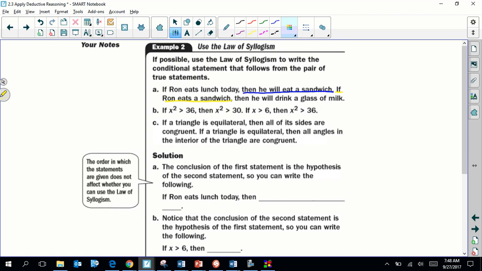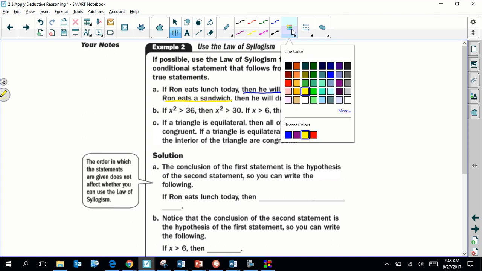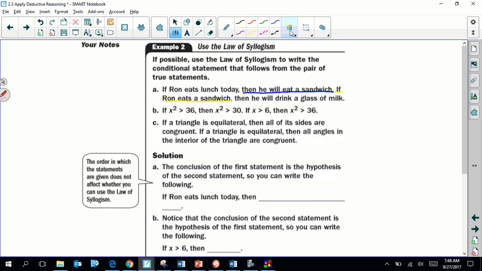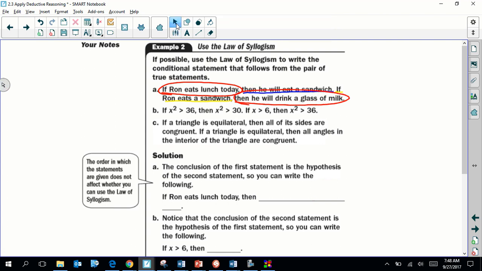Because they match, that allows me to bypass the middle, and using the hypothesis here and the conclusion here, we can make a new statement: if Ron eats lunch today, then he will drink a glass of milk.